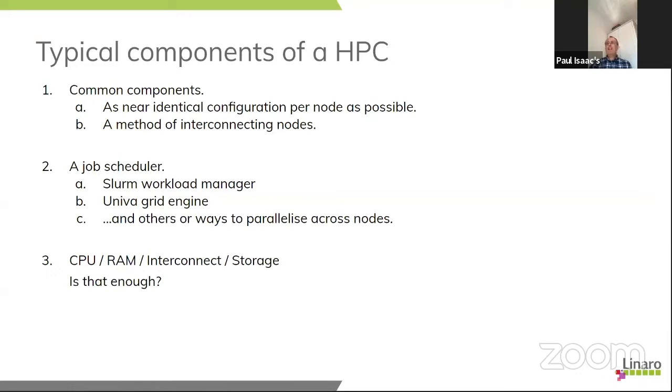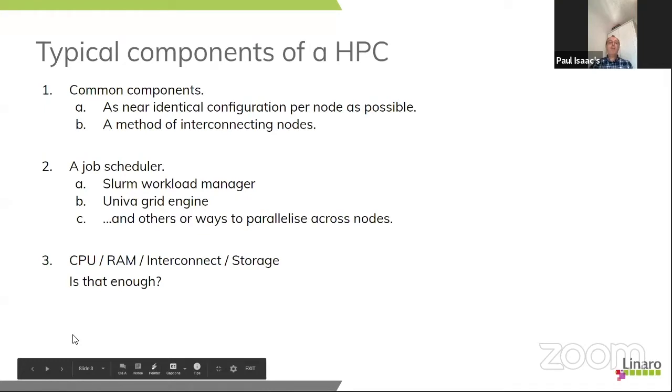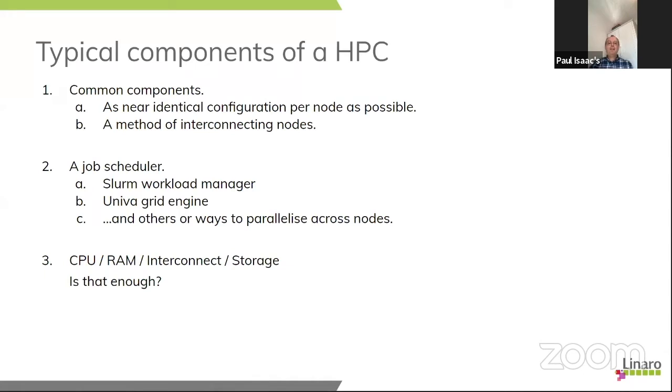A method of interconnecting the nodes, some sort of job scheduler, such as a Slurm workload manager or Univa Grid Engine, and ways to parallelize across multiple nodes. So it doesn't have to be literally a job scheduler, just some form of parallelization. So if we just say a bit of CPU, a bit of RAM, a bit of interconnection, a bit of storage, is that enough to really call it HPC? So if we go to the next slide.